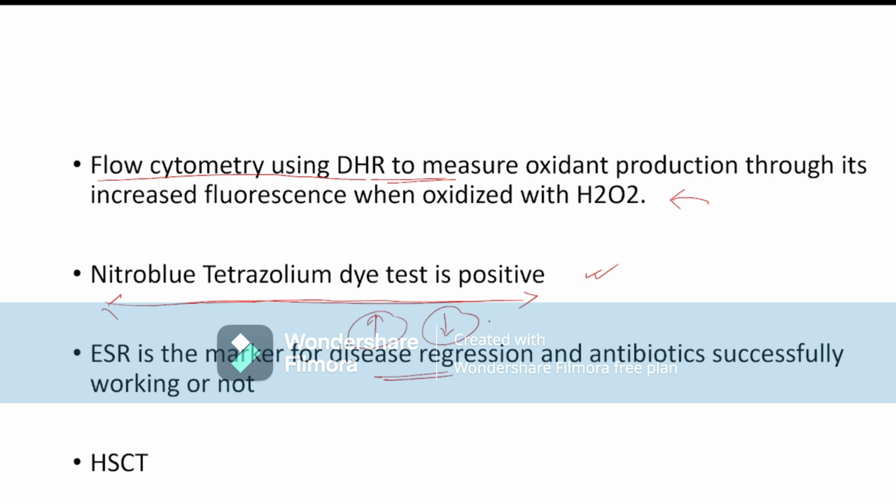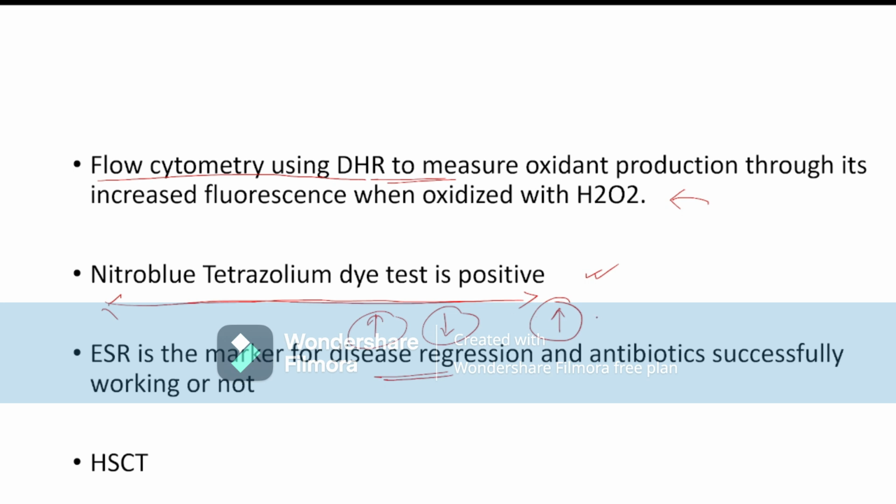That means the infection is decreasing. If the ESR is not decreasing after giving the proper antibiotic, then think that the child is suffering from an infection that is not sensitive to the antibiotic. So the course of antibiotic treatment in any deep-seated infection is mainly followed by the ESR.